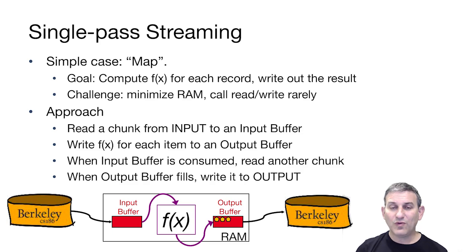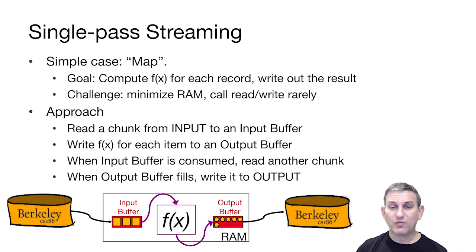Rather than write that output buffer to disk now, we'll read another input buffer, because the input buffer is consumed. We read another chunk of data from the disk, say a page worth of data. Now we've got 3 more rectangles that we can run f of x on, and those go into the output buffer, and we've consumed another input buffer, but there's still room in our output buffer.